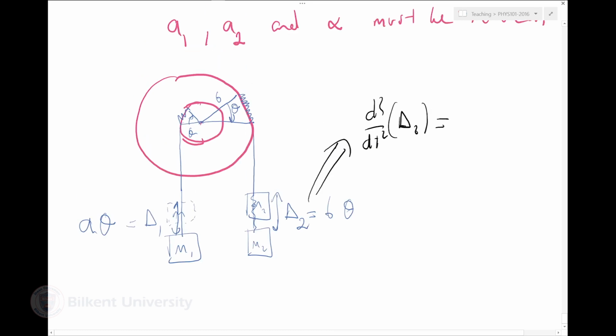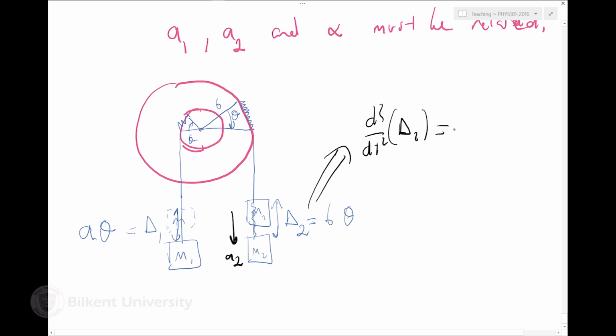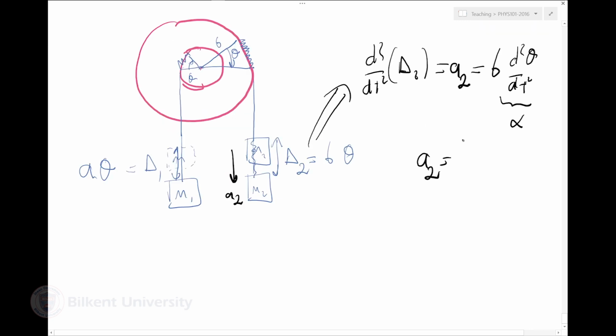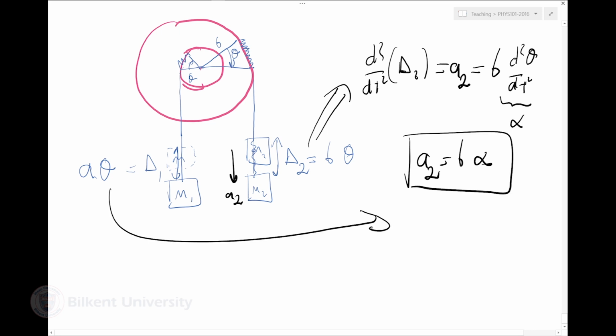It's going to be exactly a2, the acceleration of the second mass, which is going to be b times d square theta dt square. What's that? It's the angular acceleration alpha. So a2 is b times alpha. Similarly, a1 is a times alpha.